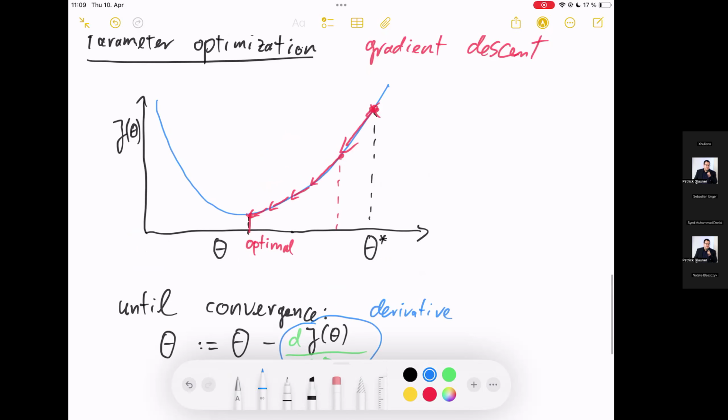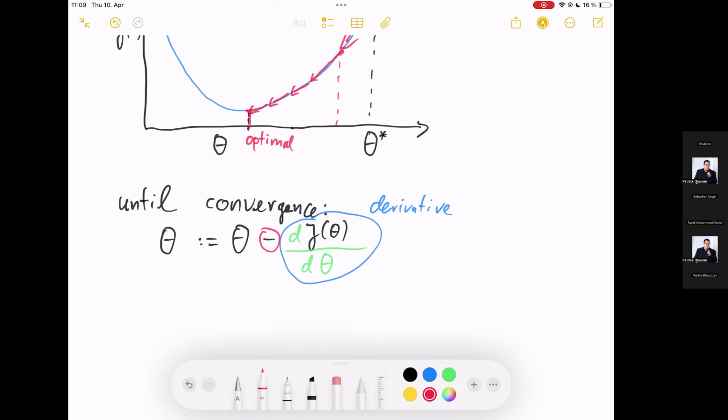And that's what we've done before, because this minus here is important, because we subtracted the change. So we went in the opposite direction of the change until we converge down here. This is the simplest form of gradient descent.